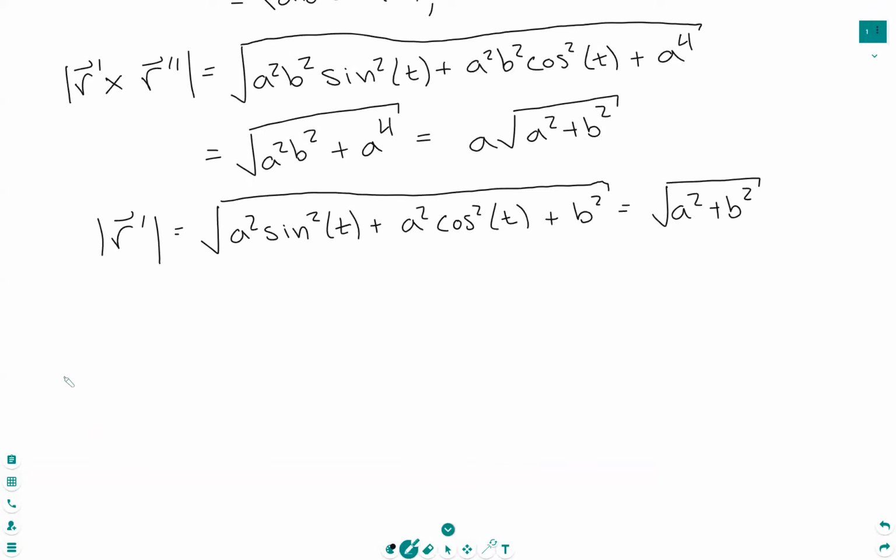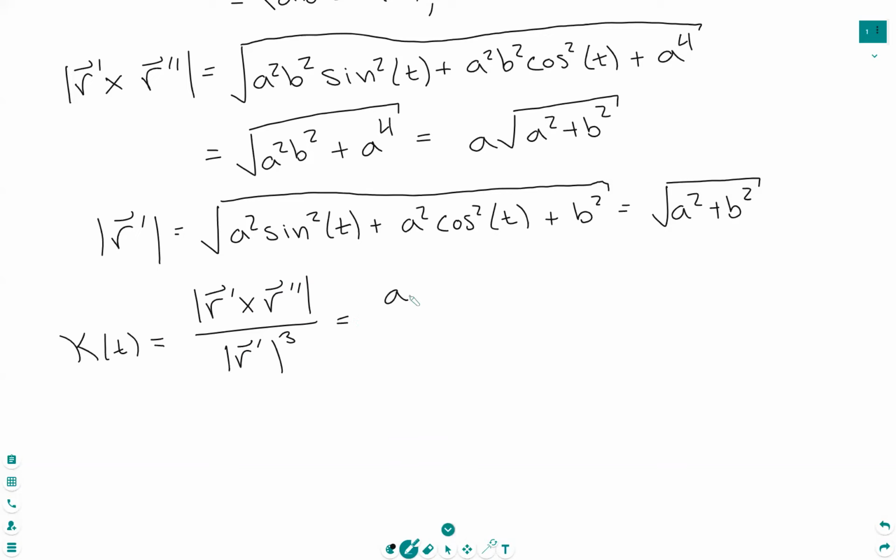So our curvature is kappa of t, which was the magnitude of the cross product between r prime and r double prime over the magnitude of r prime cubed.